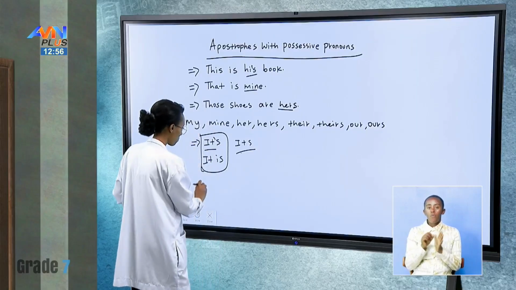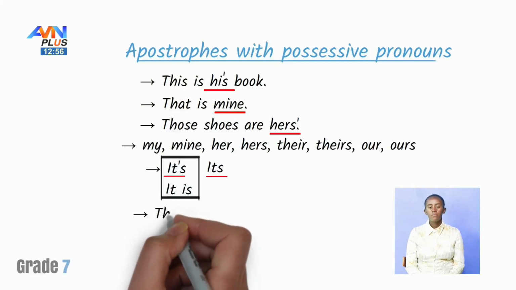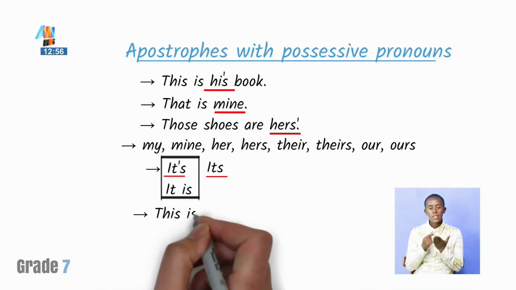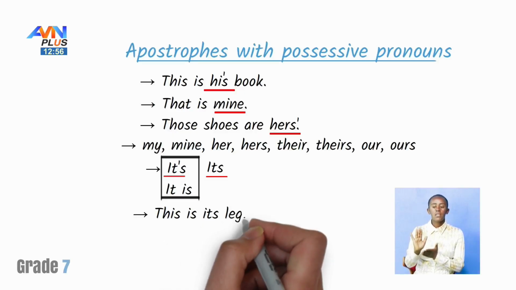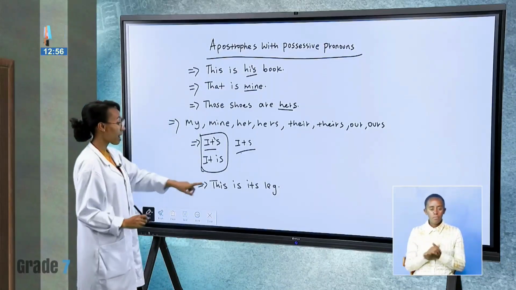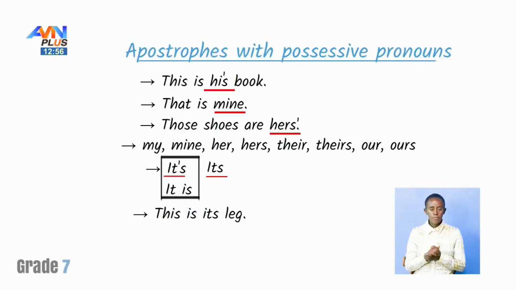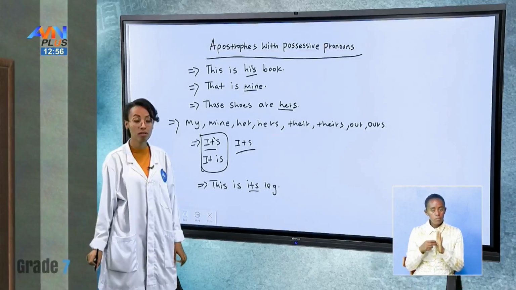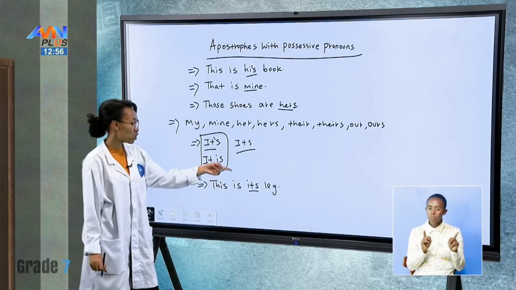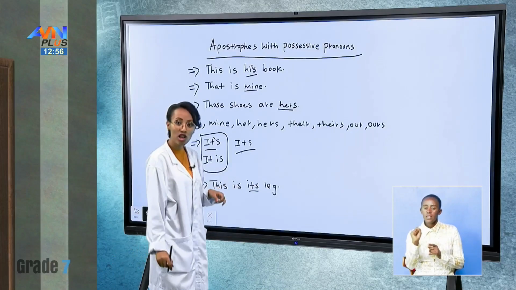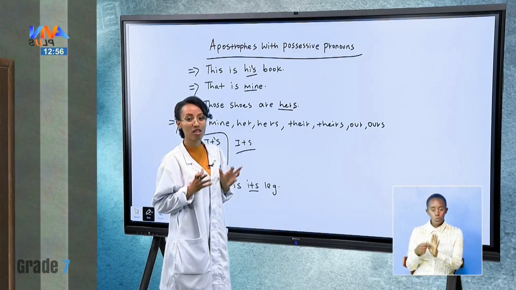For example, this is its leg. Here, it shows what? Possession instead of it is. It's showing what? Its leg. So it's showing something's possession.